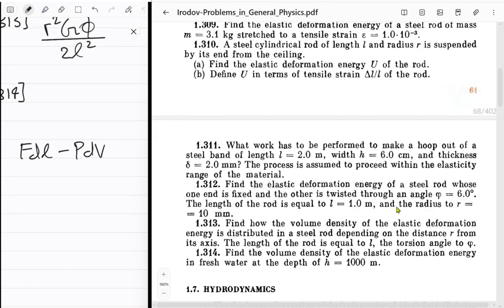Wait, okay, this question might actually be different than what I thought it is, because they didn't actually give us anything about the strain or whatever, right? If they would want us to do the work on the metal block, they would have given us what strain you have to pull it to, and that's going to give you the volume density, right? Without specifying that, I don't think it's correct to answer this, because then you would have to explain what strain is.